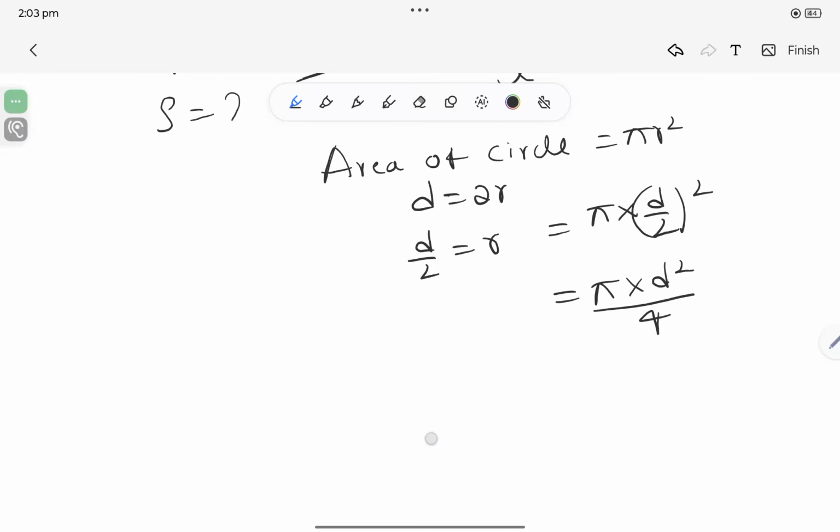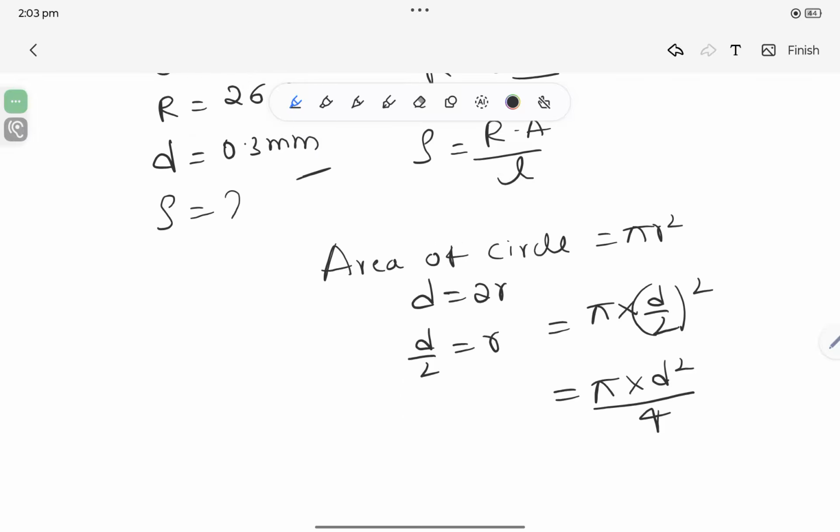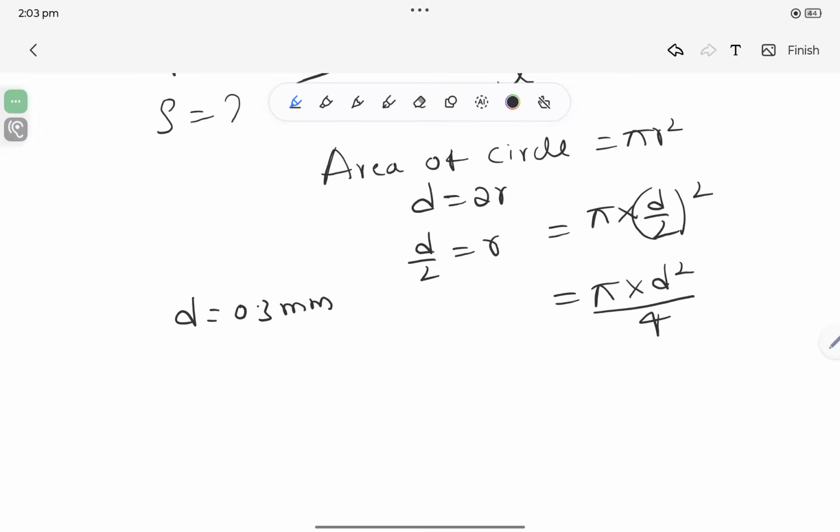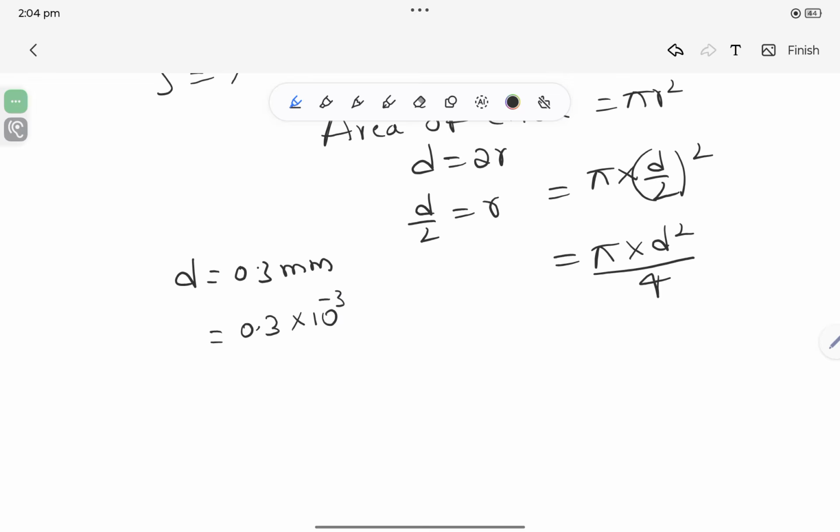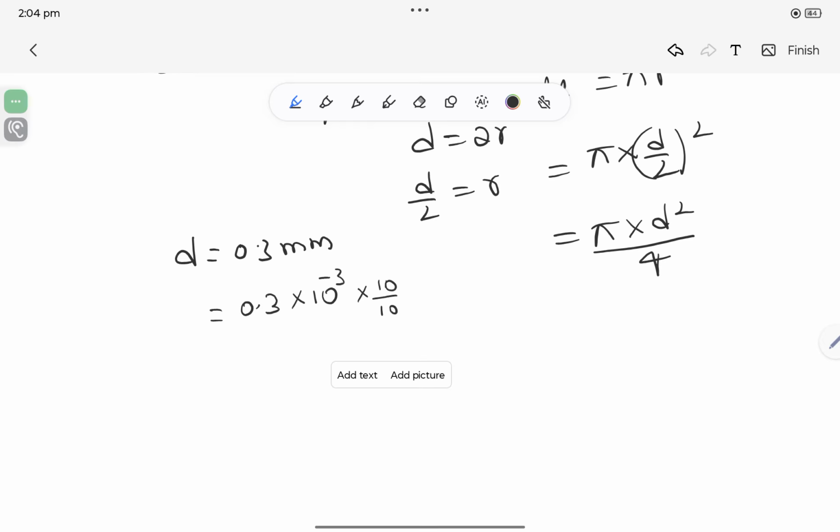Let us convert. D is equal to 0.3 mm. If you want to convert this millimeter into meter, you have to multiply by 10 to the power minus 3. So it becomes 3 into 10 to the power minus 4.